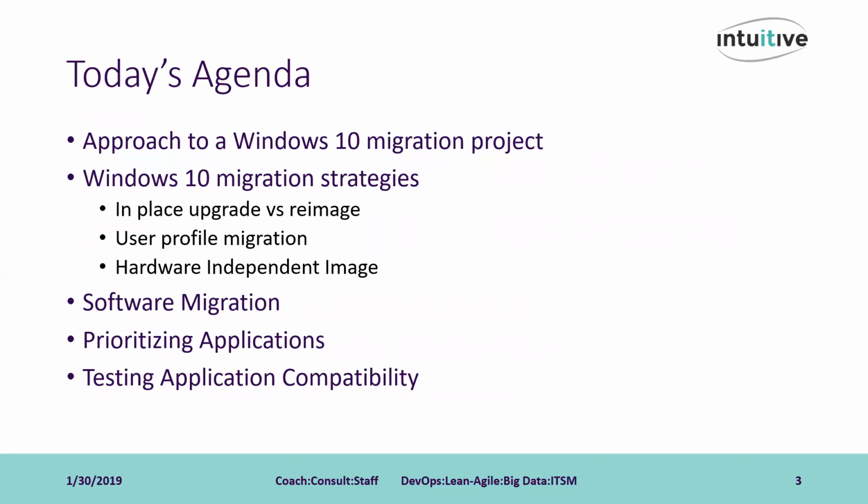Then we're going to look at the individual strategies, in particular, in-place upgrade versus reimaging, user profile migrations, and how we tackle hardware-independent imaging for diverse hardware types in our environment. And then Mohammed's going to talk about software migration in the environment as it pertains to our migration, and things like prioritizing our application environment, and then testing application compatibility.